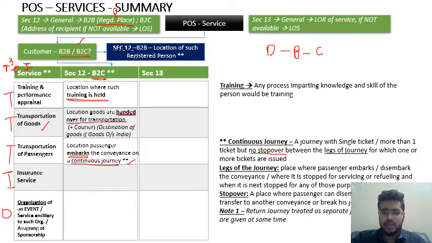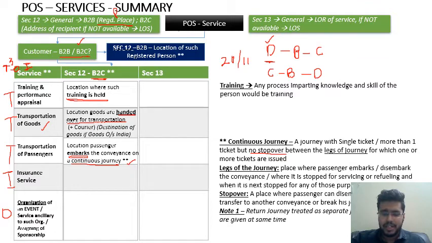And then you have Chennai, Bombay, Delhi. So this is your onward ticket, and the second one is your return ticket. The explanation says, even though you booked it at the same time, let's say on 20th November 2020, the same day you have booked both the tickets, for the first journey, where are you going to embark the conveyance? You will board the flight in Delhi, so the place of supply will be Delhi.